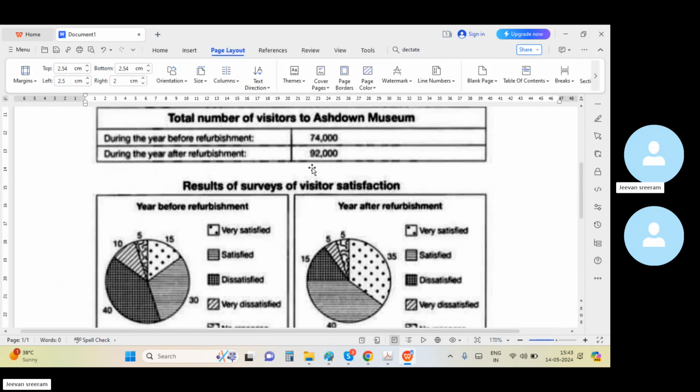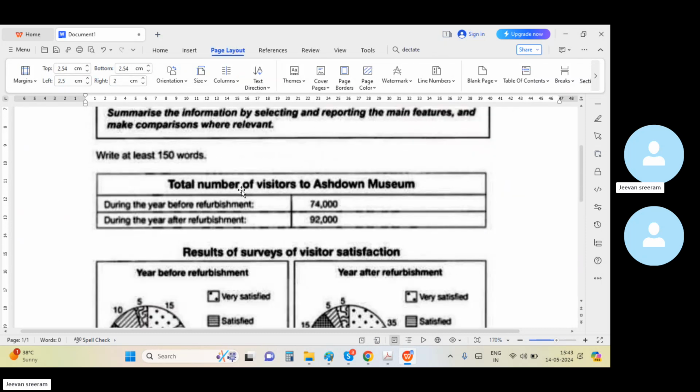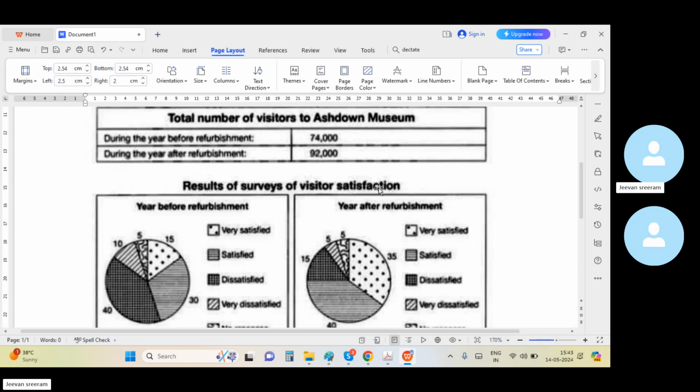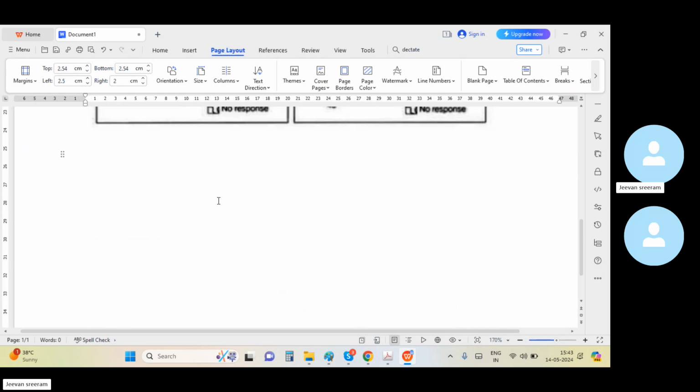You may make use of the individual headings to write the introductions. Total number of visitors to Ashdown Museum. Results of surveys of visitor satisfaction. Okay, satisfaction of visitors, disclosed by the surveys or survey results. Something like that.